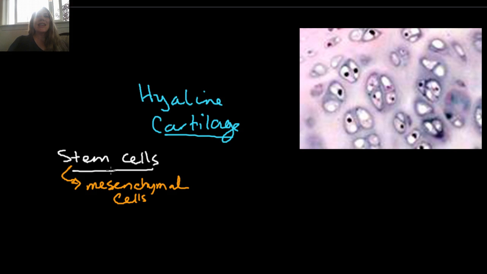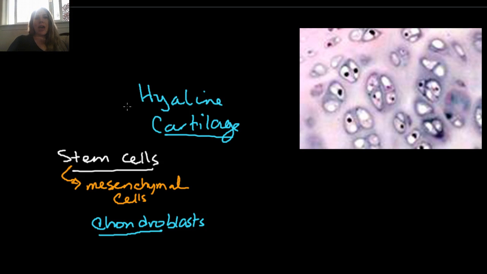These cells are going to give rise to the cells that will produce cartilage. You guys remember this from studying tissues, right? Chondroblasts. You remember what the prefix chondro means, right? It means cartilage. So these are the cells that produce cartilage.